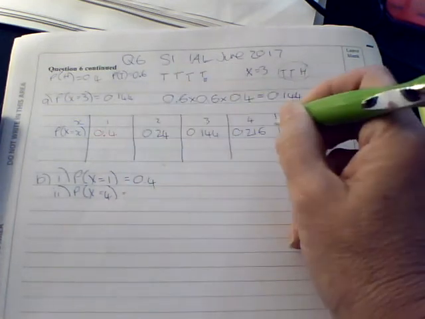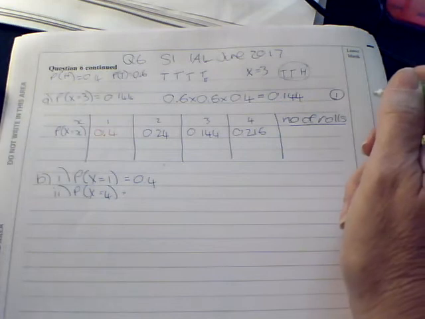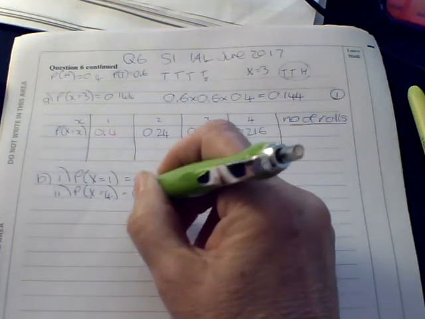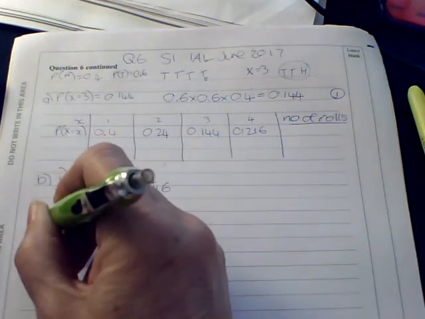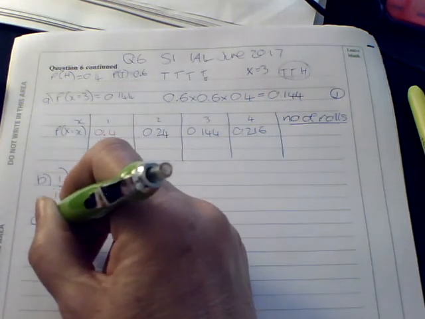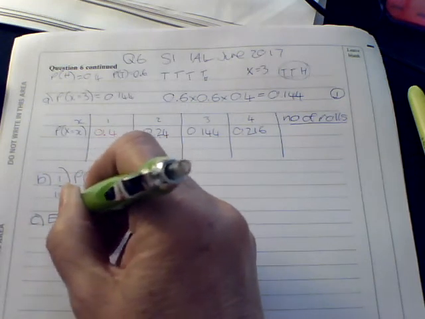Alright, because we know probabilities always add up to 1. Okay, so the answer here is 0.216.